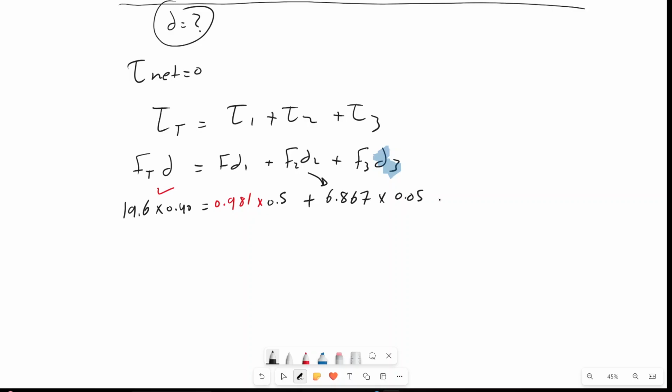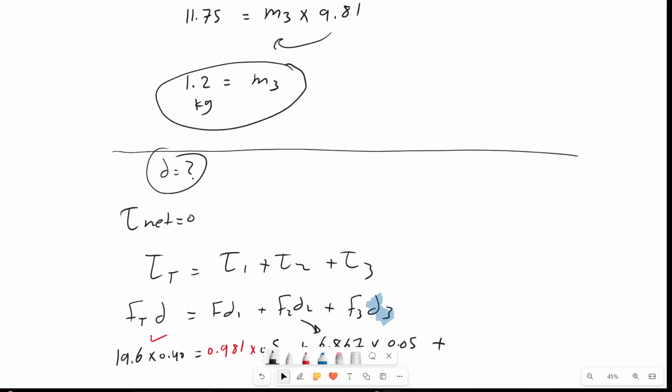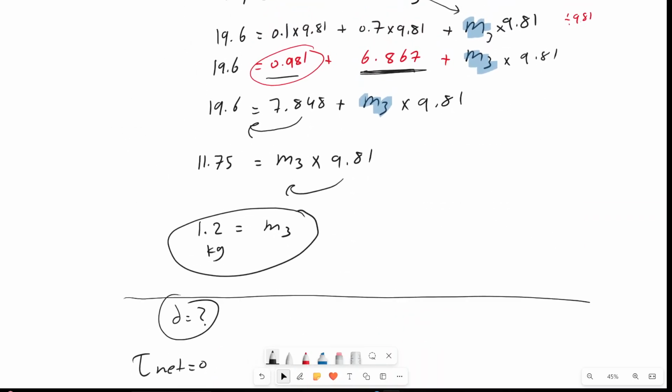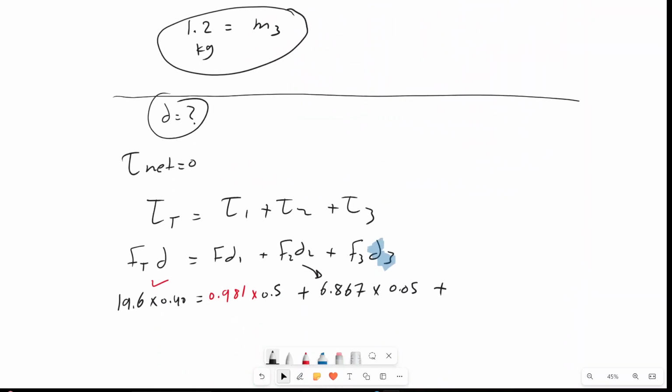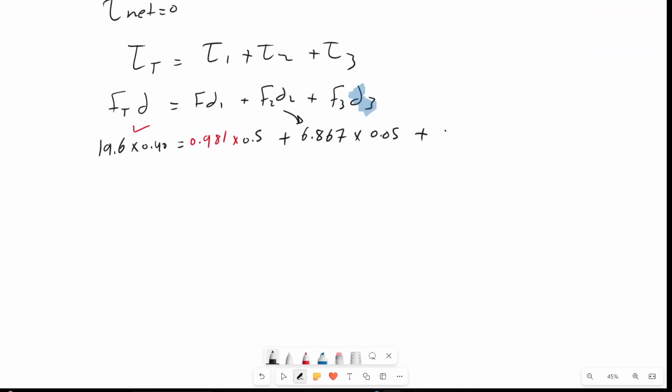Plus F3, how much was it? We didn't multiply F3 here, but I know M3 now, which is 1.2. I found it. That is M3, multiplied by gravitational acceleration, 9.81. And then what should I find? I should find d3, which is your unknown.